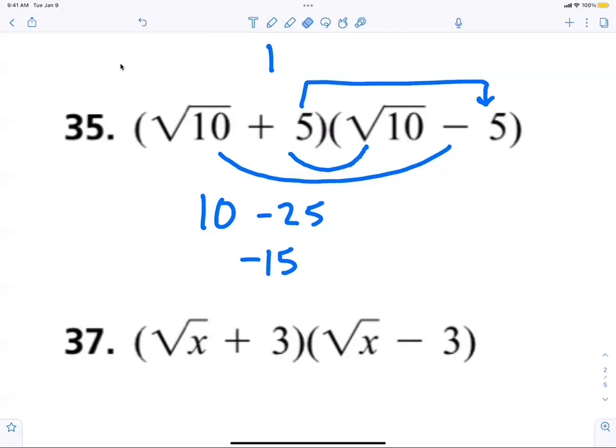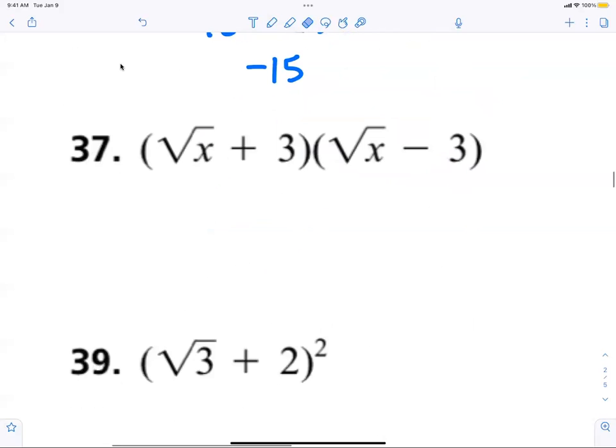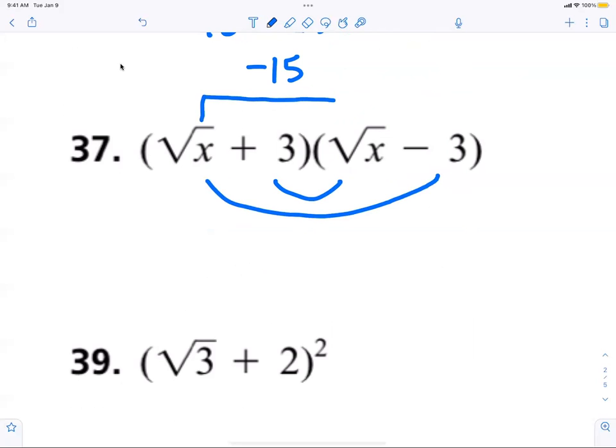All right, let's try another one. Now it's supposed to be a little bit harder because we throw in a variable, but is it really? No. Now tell me about this. What happens to the middle term again? They cancel. So do I have to worry about the middle term? So now come on. Radical x times radical x is? Now it's the same thing as if I said square root of 13 times square root of 13, we should just say 13, right?